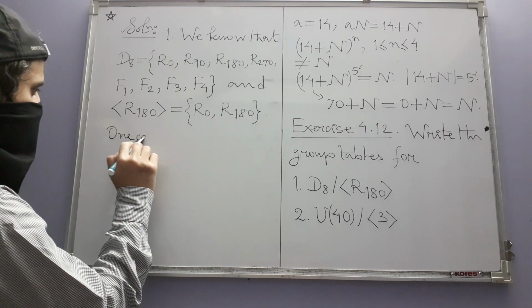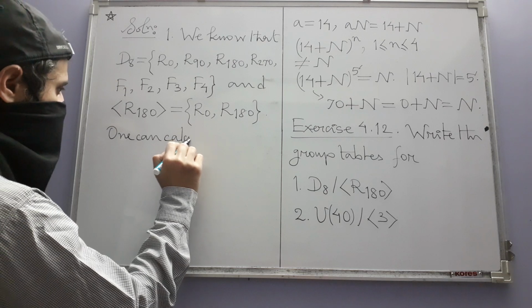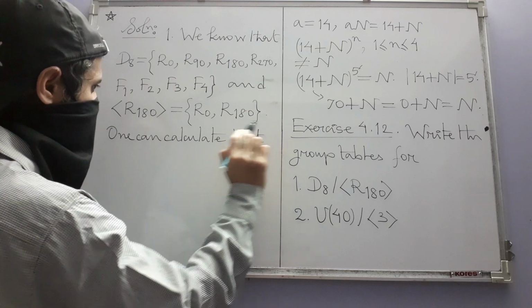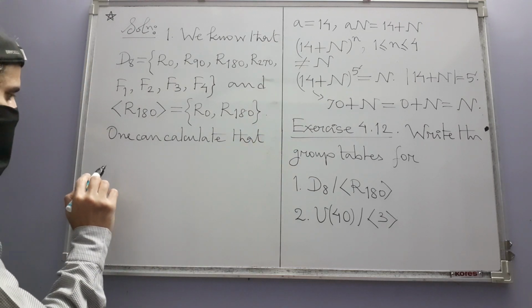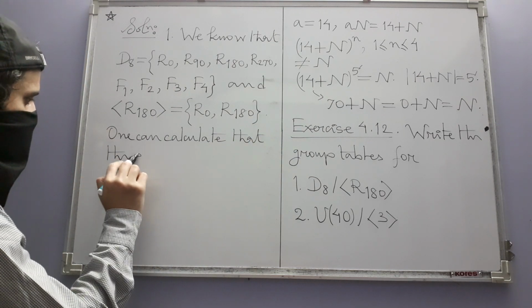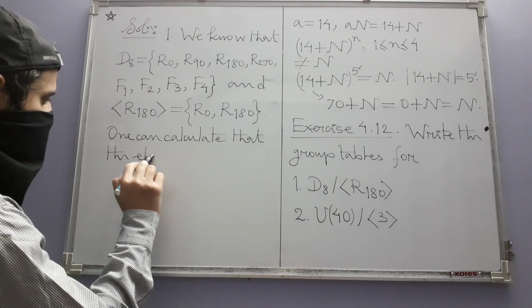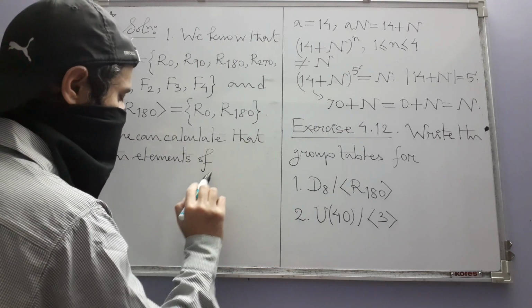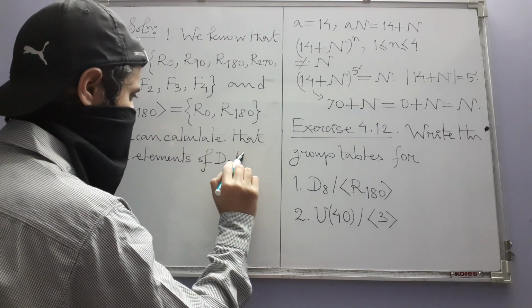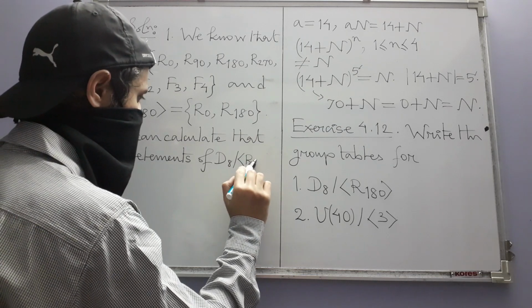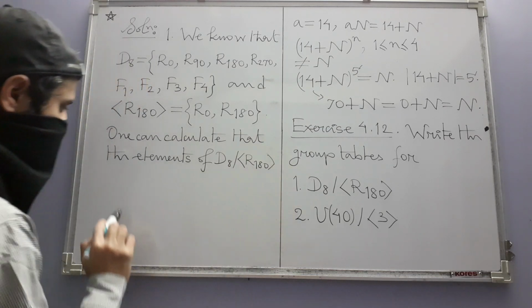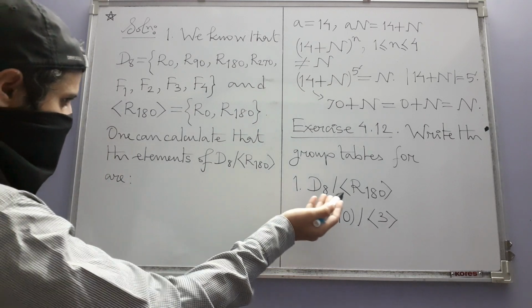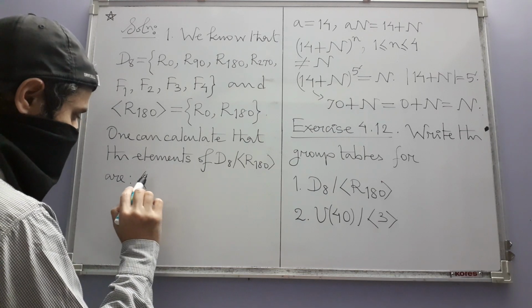One can determine that the elements of this factor group are, one element will be the cyclic group itself, which will be the identity element.